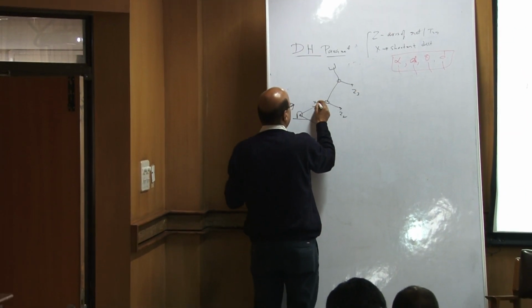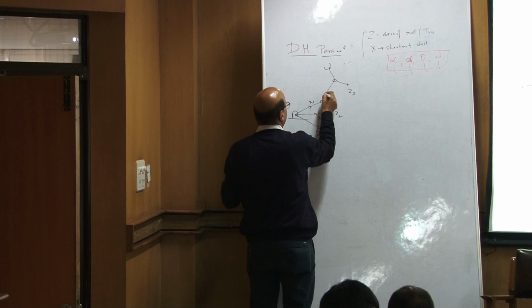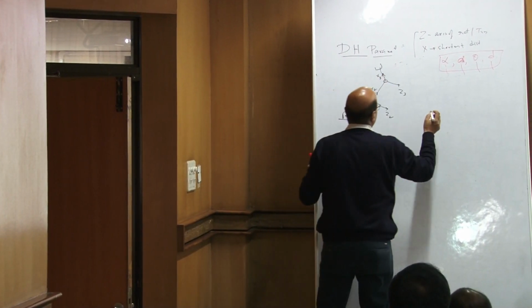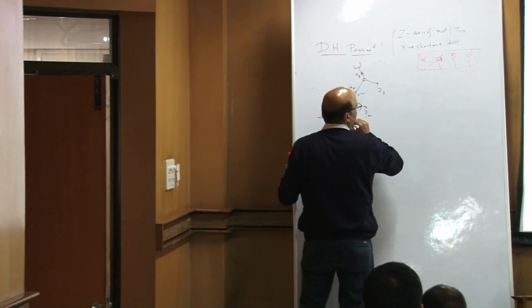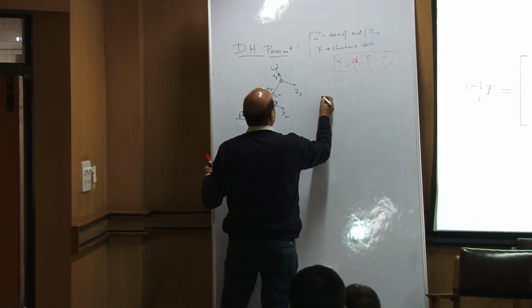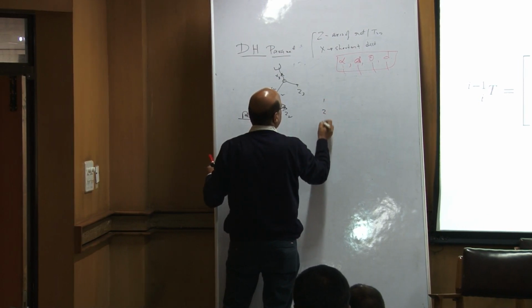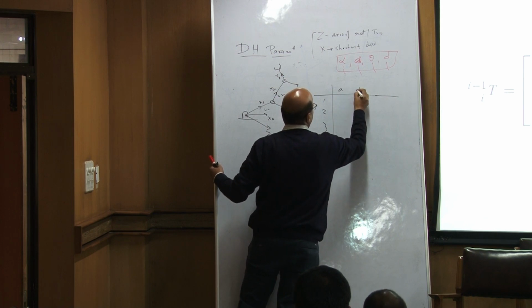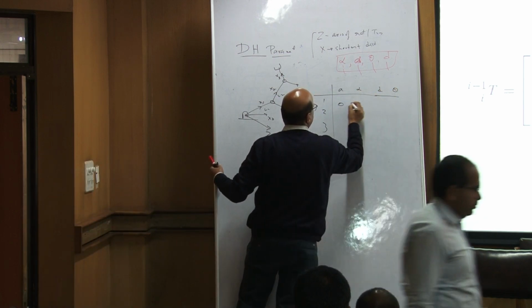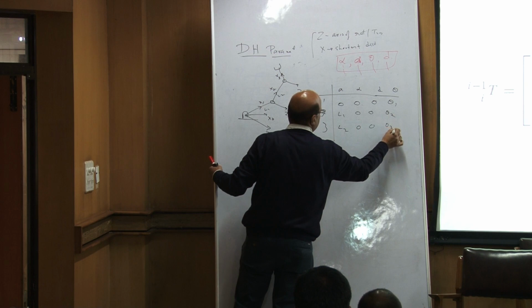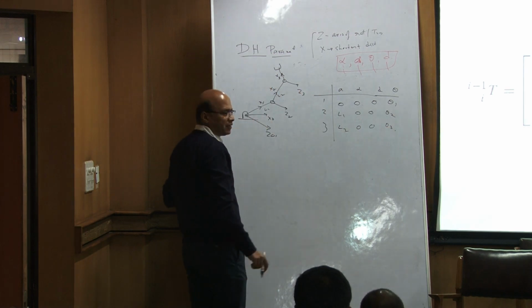This is my X1, X0, X2, and X3. Then if I write my L1, L2, and write our DH parameter table, then it comes out as this table. So this L1, 0, 0, 3. Manipulator, we just wrote it some time back.